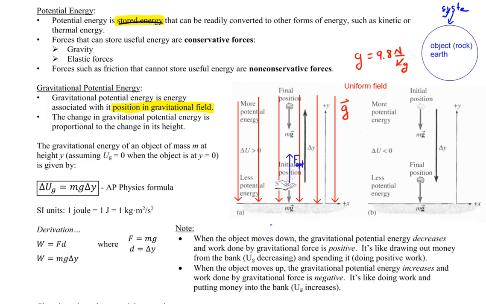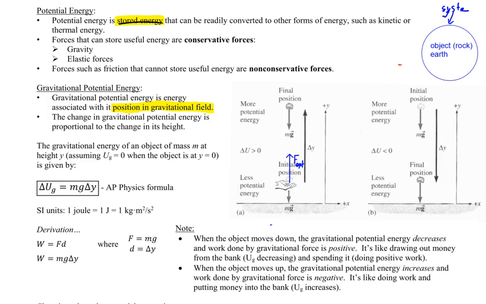Now, how do we calculate the amount of work that is done in lifting this object upwards, this vertical displacement delta y? All right, let me erase these red lines just because they clutter my image. So let's suppose that I'm moving this rock upwards at a constant velocity.